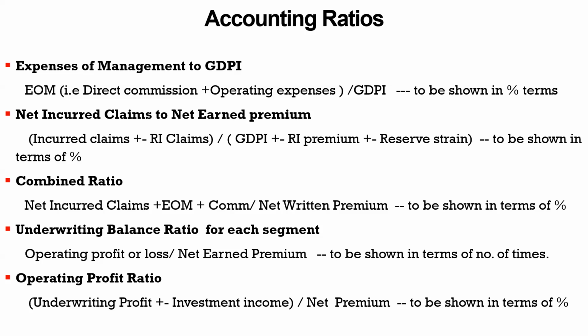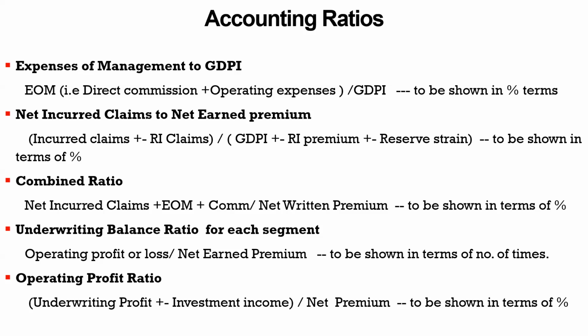How net incurred claim and net earned premium are calculated is shown in this paragraph. Combined ratio: many times in our common language we ask what is our underwriting profit, what is our combined ratio. Same thing. Combined ratio means claim plus commission plus expense of management divided by net earned premium.